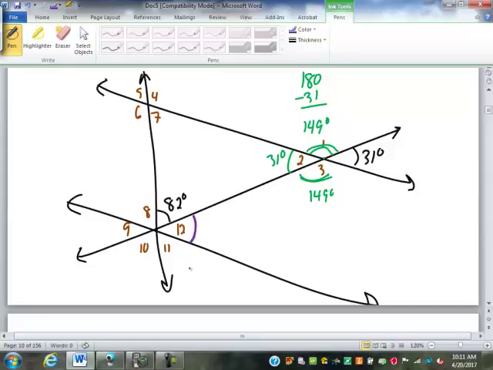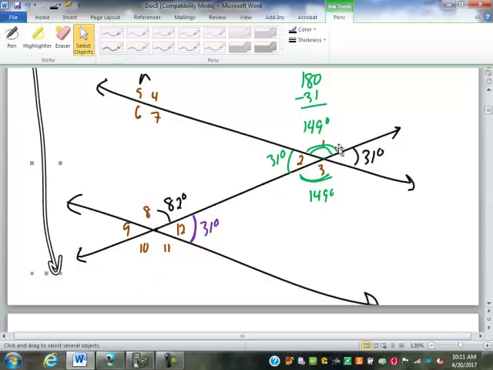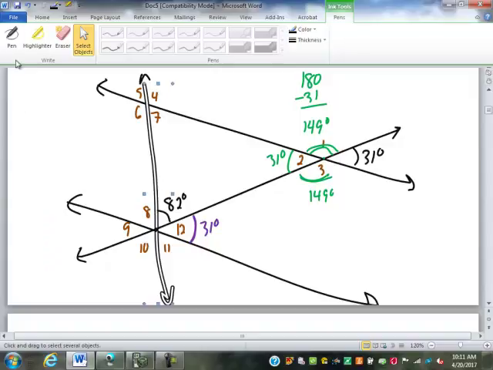This one right here has to be what? 31. And the reason for that again is, take this line and pull it away, it's just that. So this has to be 31, 149, 31, 149, right? So put this line back in, knowing that it has to be 31.